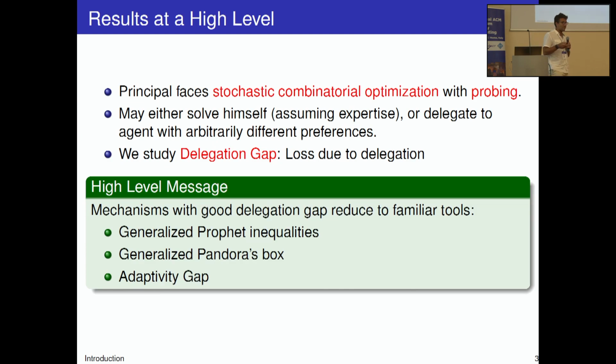So the high-level message of the 2 papers I'm going to mention is as follows. Designing good mechanisms with a good delegation gap reduces to familiar tools from stochastic probing and stochastic optimization. And these are profit inequalities, generalized Pandora's box problems, and the notion of adaptivity gap. So those notions will pop up in my results. Any questions?